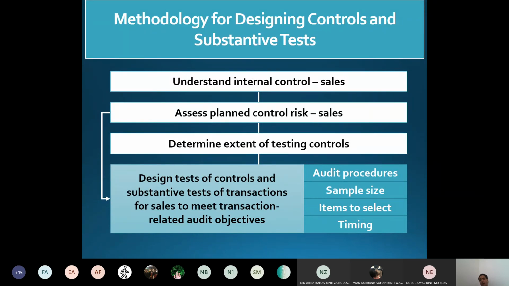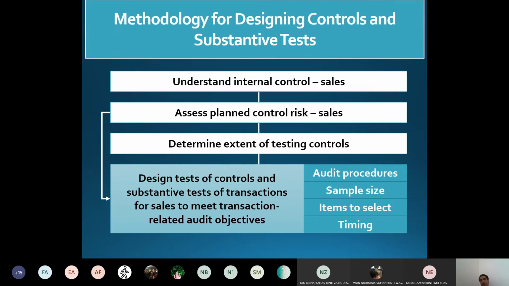So there is a methodology for designing controls and substantive tests, and this point has been discussed in chapter 13. You can refer to chapter 13, and it's also explained in detail in the book.